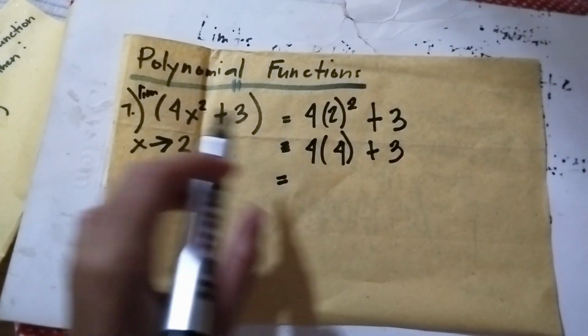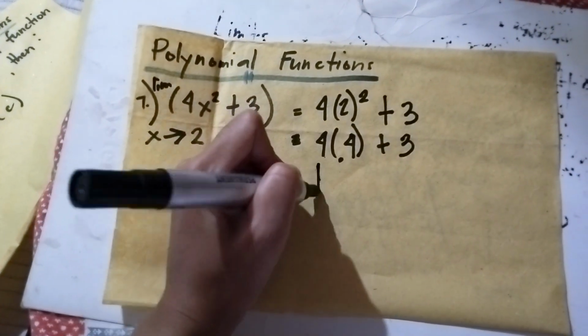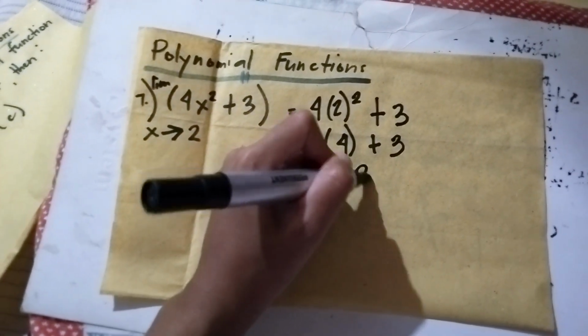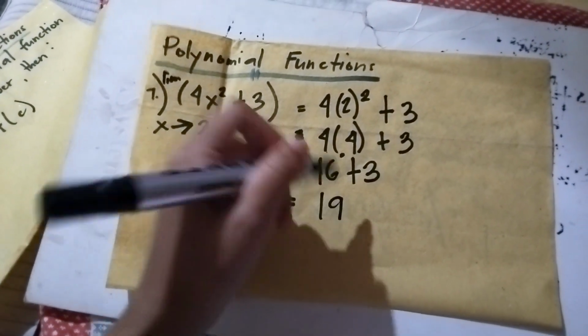And then simplify. So 4 times 4 equals 16, plus 3. So natay final answer na 19.